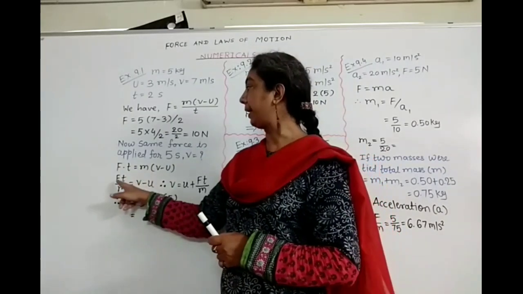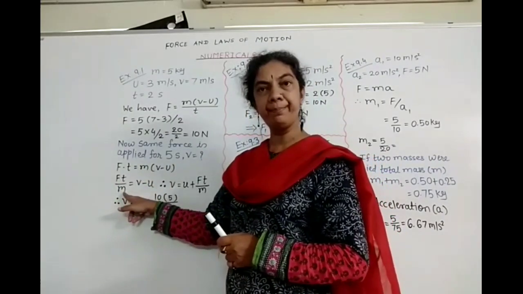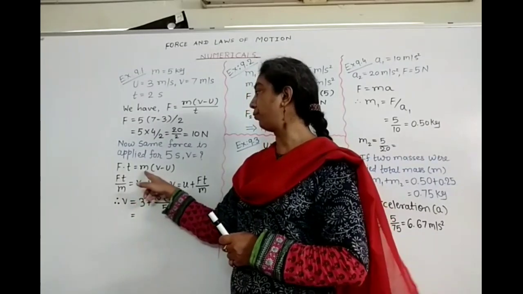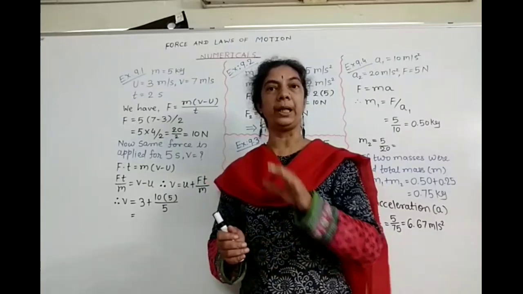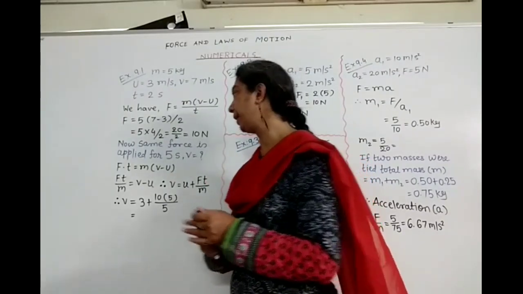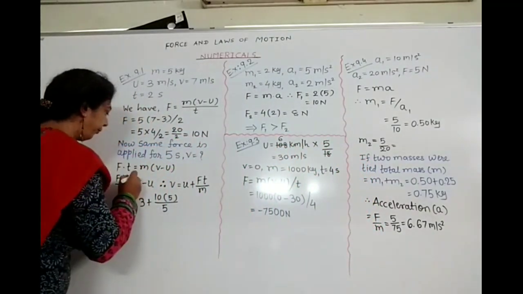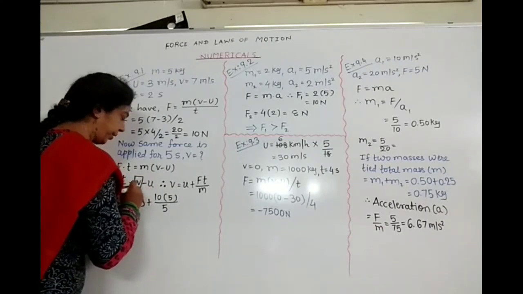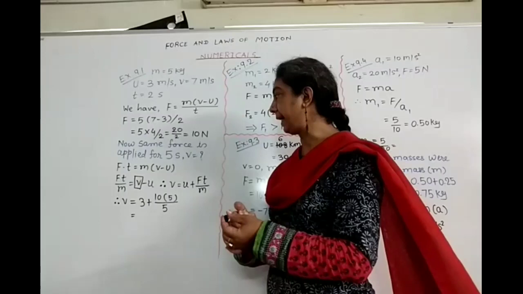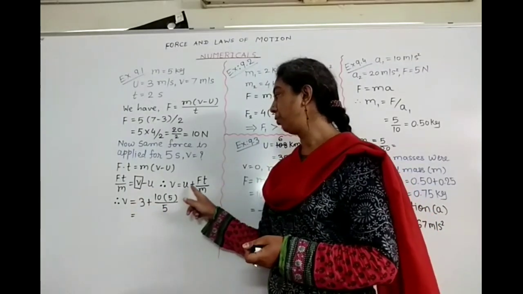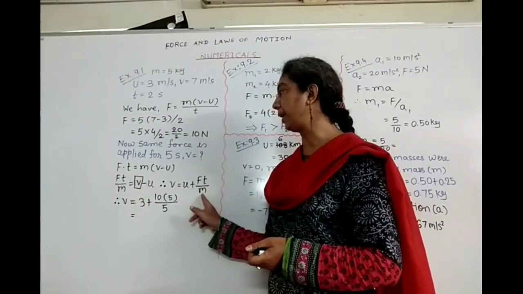So we are getting F into t by m is equals to v minus u. Still we need only final velocity, so we have to make this v as subject.